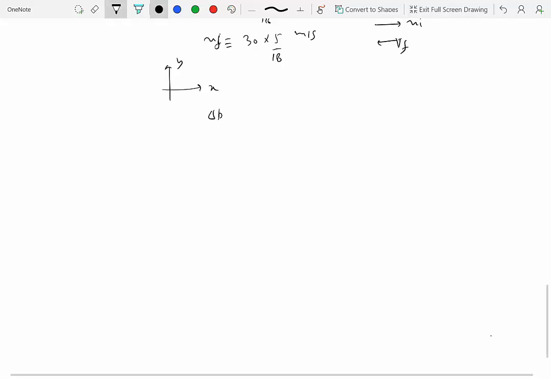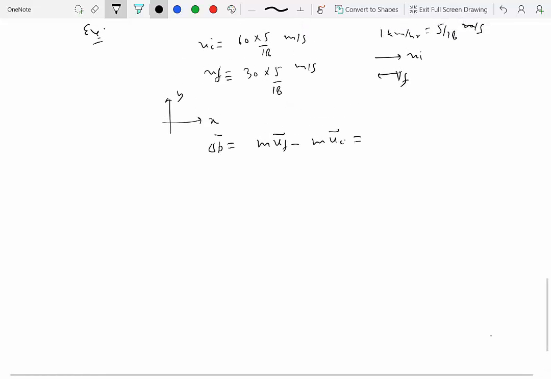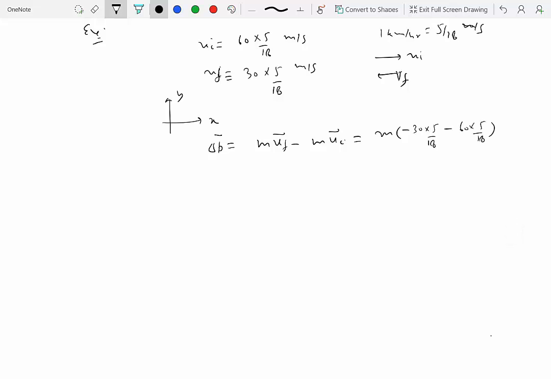Then the delta p is mass times final velocity minus initial velocity. So final velocity is some mass times minus 30 times 5 over 18. And then minus initial velocity is positive, so that's 60 times 5 over 18. So that's actually m times, I'll take minus outside, 30 times 5 over 18 outside as well.